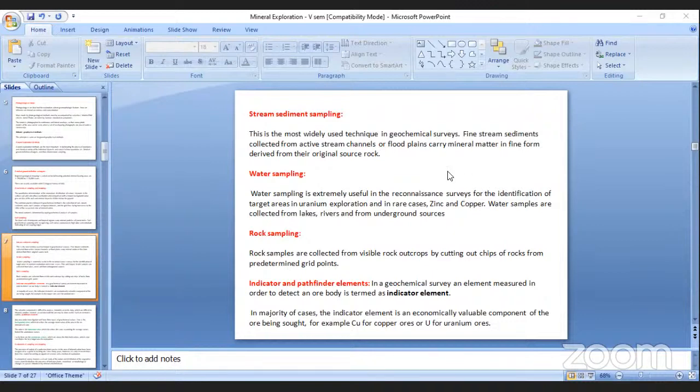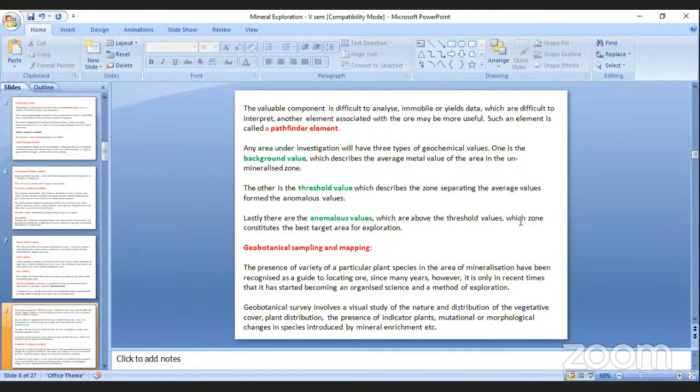And one more thing. What about the pathfinder elements? How can we find out the pathfinder elements here? Again, there is just a differentiation between an indicator element and a pathfinder element.